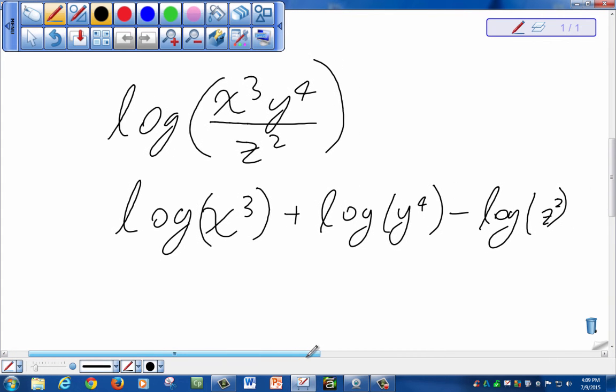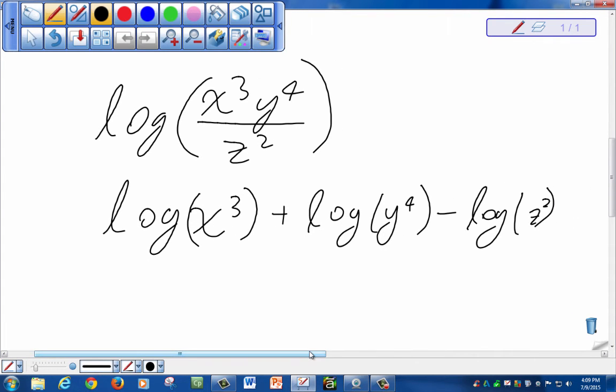Another property that you will see on your tests and on your homework is that if you have an exponent on the inside, you can move it onto the outside. Like this 3 could be multiplied out here. This 4 could be out here. This 2 could be out here. And it'll still be right.